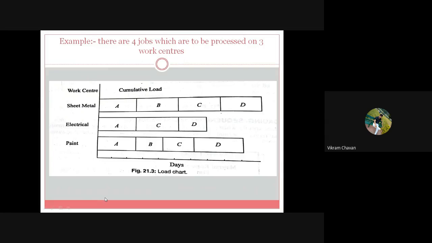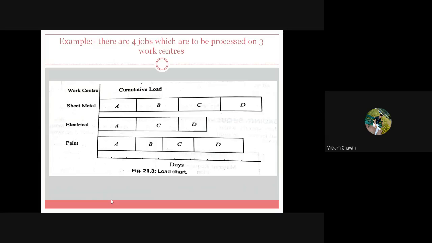So please draw this diagram or chart. Provide the name as a Gantt chart. Okay. Shall we move ahead to the next point?